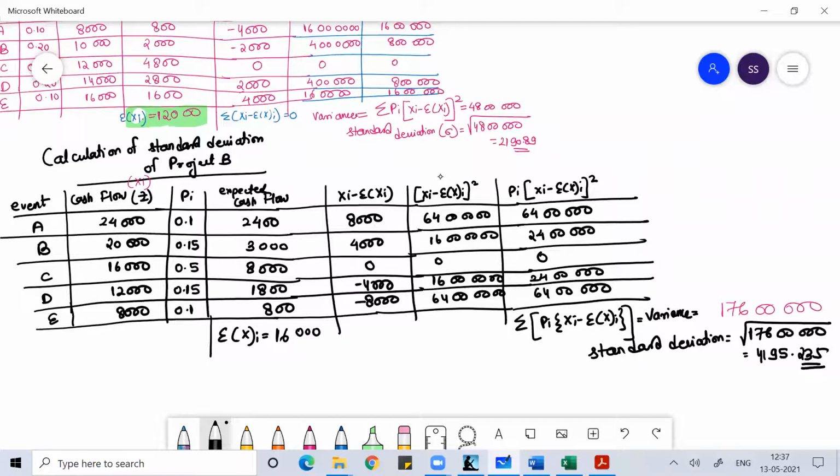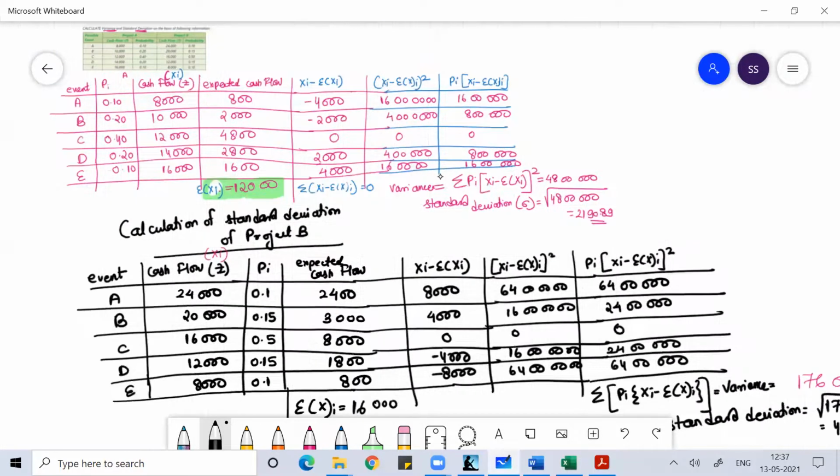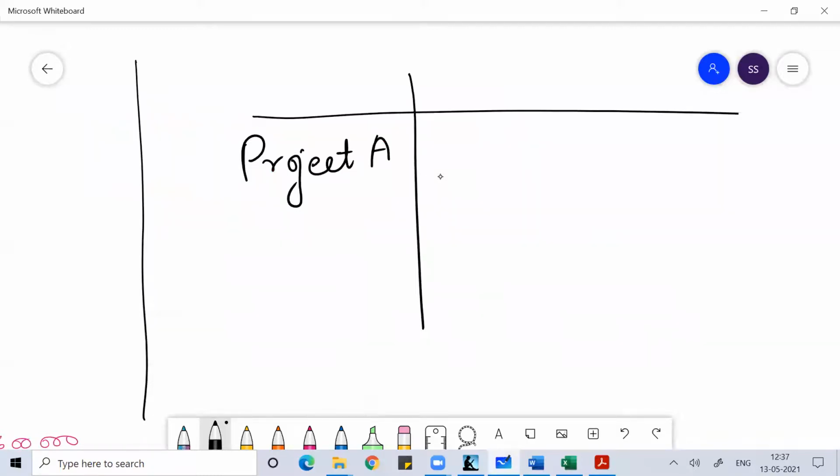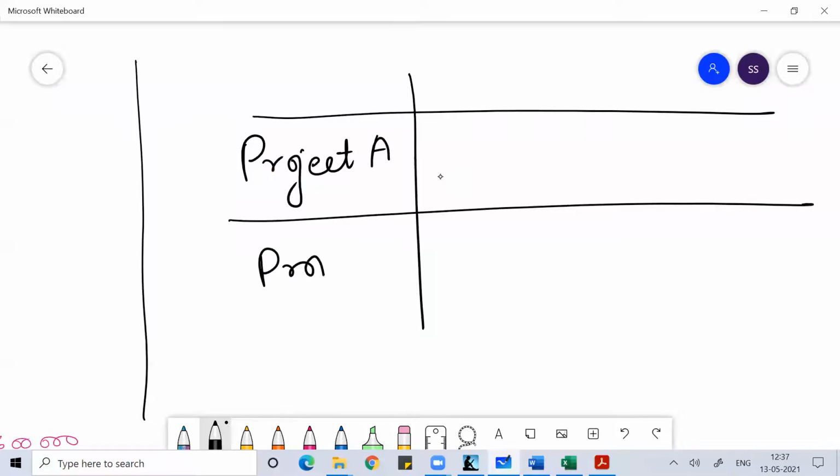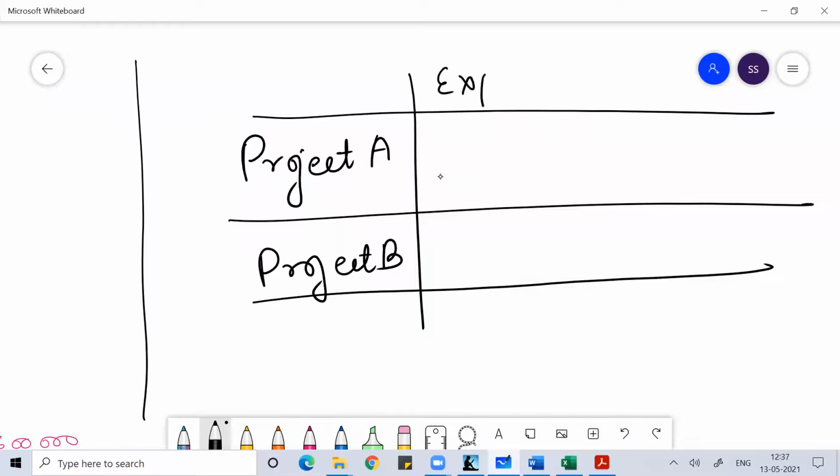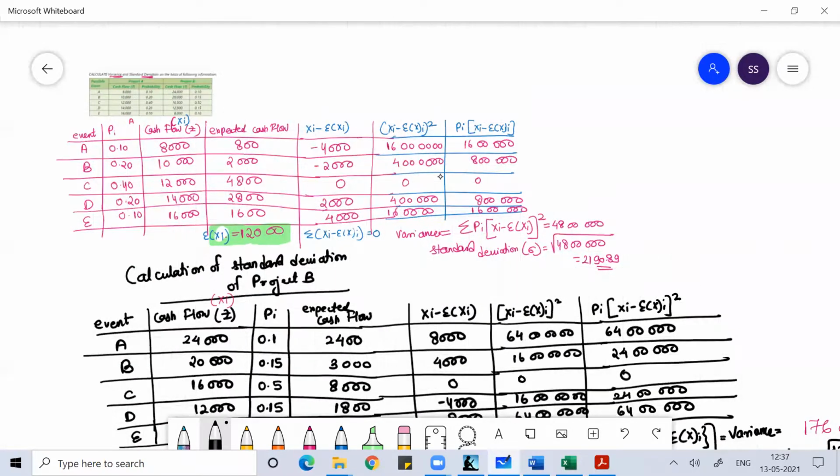Normally, whenever we have to make a judgment, imagine I have project A and project B, and I have to decide which project I can do.